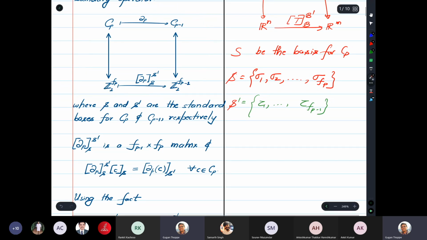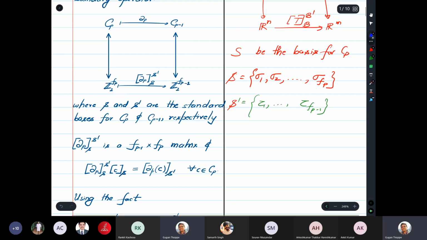Okay, so this figure tells us that this diagram is commutative, which means that if you start from here and land up here in this direction, or if you start from the same place and end at the same place in a different direction, whatever is the result that you obtain should be one and the same, right? So this over here represents what happens if you move along this direction.